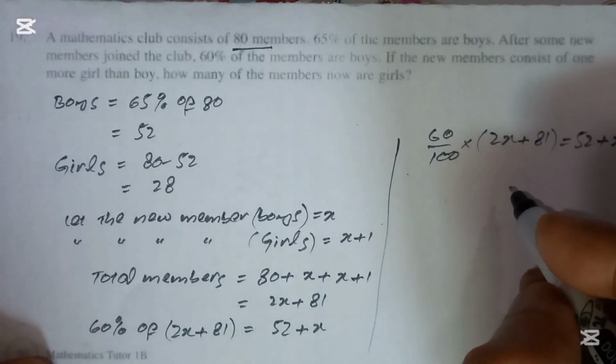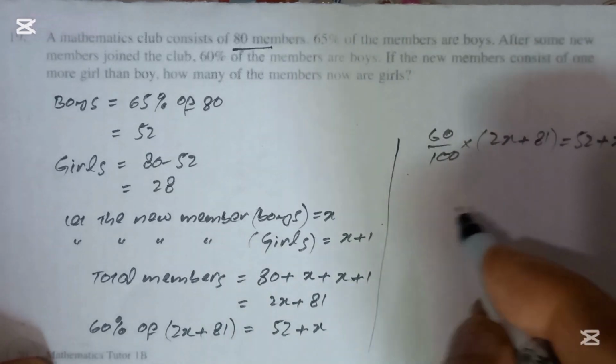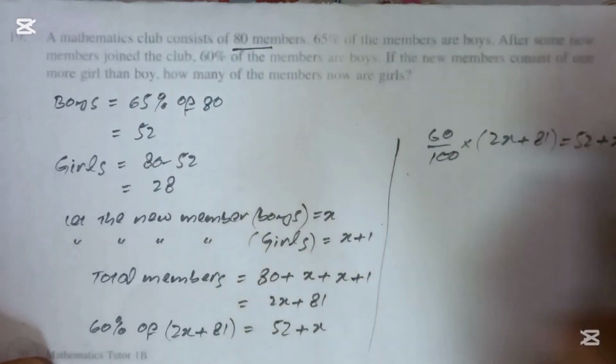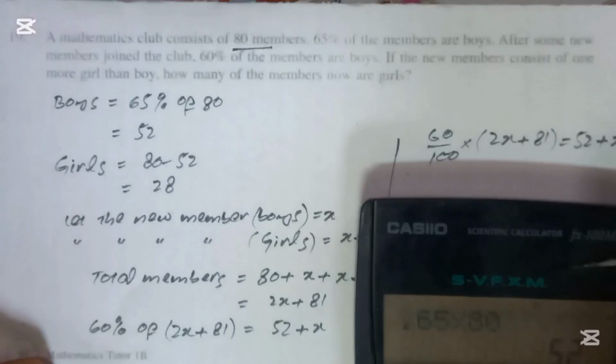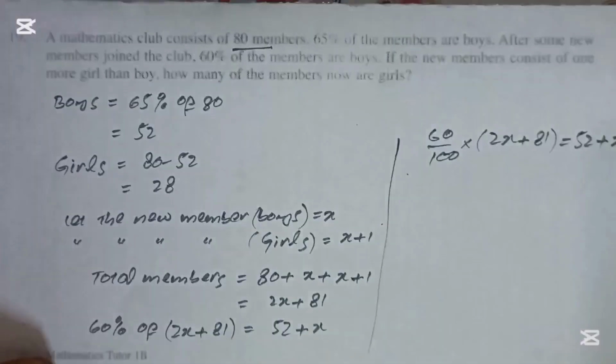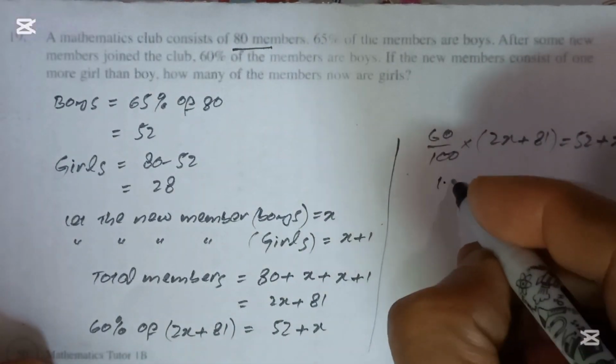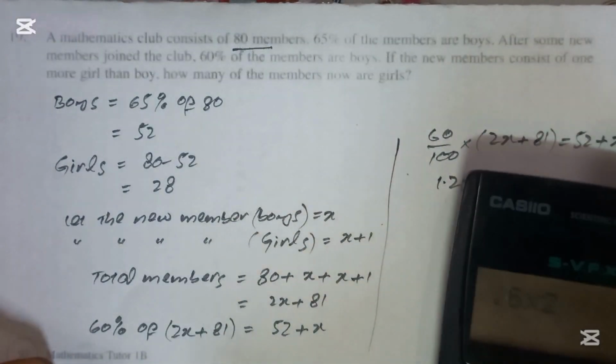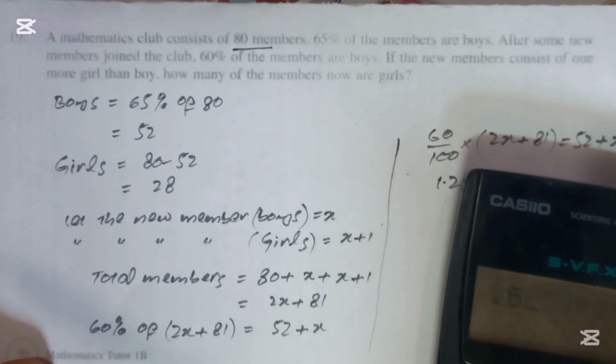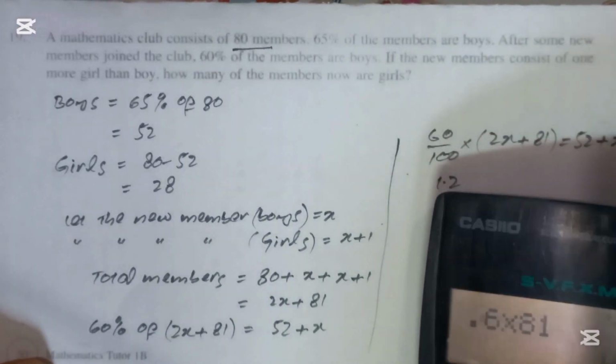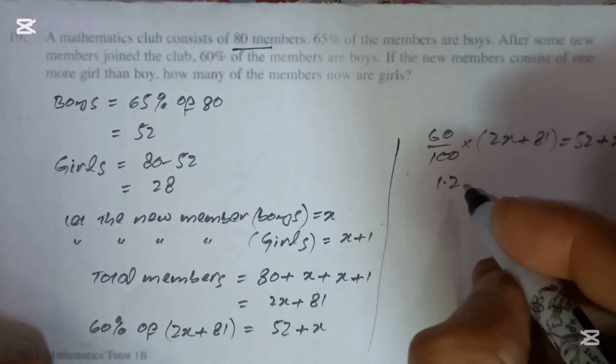This 100 will go to the right side, or just solve it now. It will be 0.6. So 0.6 multiplied by 2 will be equal to 1.2, and 0.6 multiplied by 81 will be equal to 48.6.